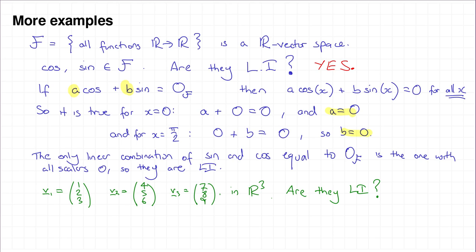So what I will do is to just try and explain how you can solve this problem. Well, what you're doing is you're looking for numbers A, B, and C, not all 0. So real numbers A, B, and C, not all 0, such that A times V1 plus B times V2 plus C times V3 is the 0 vector in R cubed.